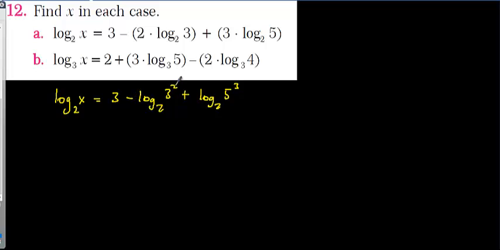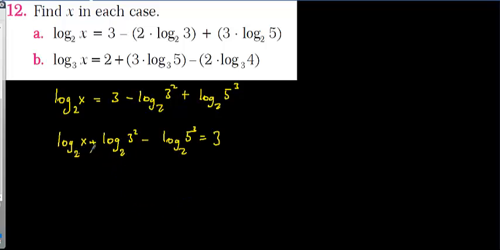I got the powers back, because on this side we cannot add 3 directly with these expressions. I'm going to send them to the other side: logarithm base 2 of x plus logarithm base 2 of 3 squared minus logarithm base 2 of 5 cubed is going to be equal to 3 now.